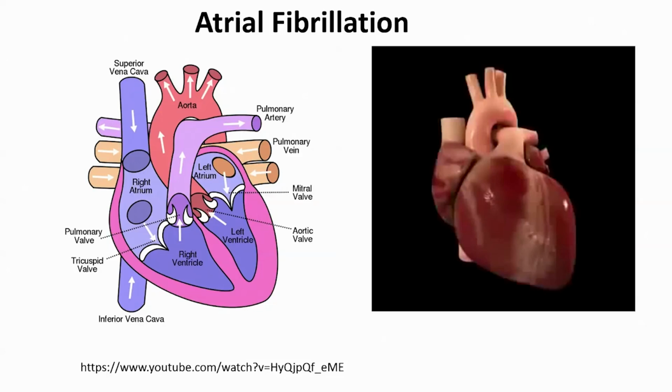Now, the electrical signals that are generated from the superior vena cava travel through the pulmonary veins, PVI. That can cause misfiring.